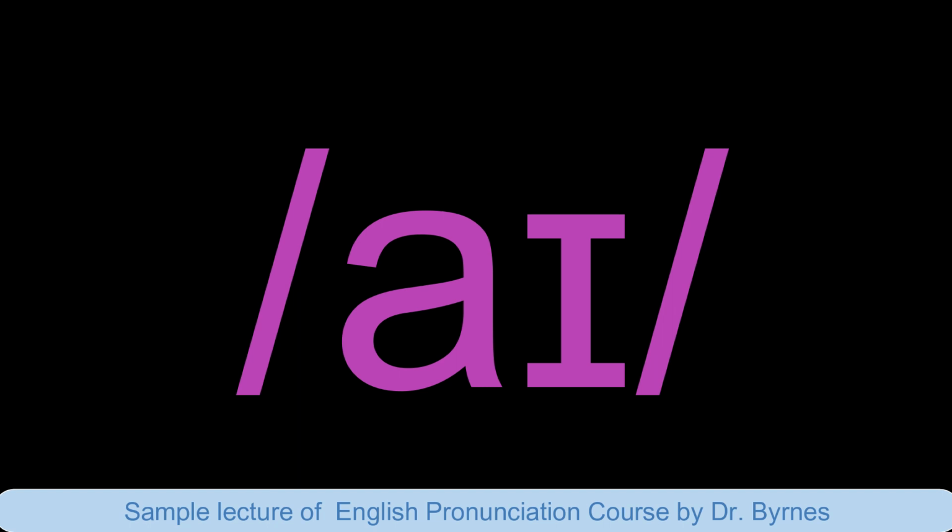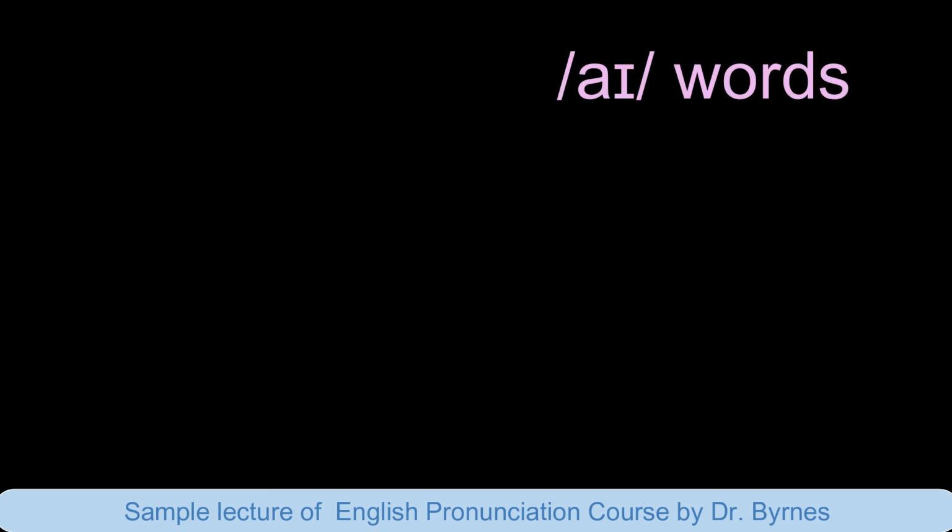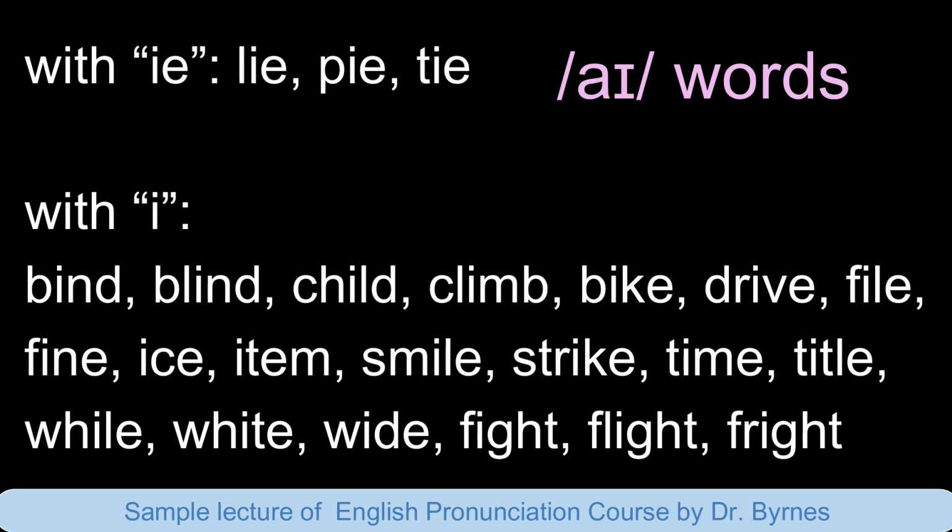I words. The diphthong I can be found in these words with IE: lie, pie, tie. With I: bind, blind, child, climb, bike, drive, file, fine, ice, item, smile, strike, time, title, while, white, wide, fight, flight, fright.